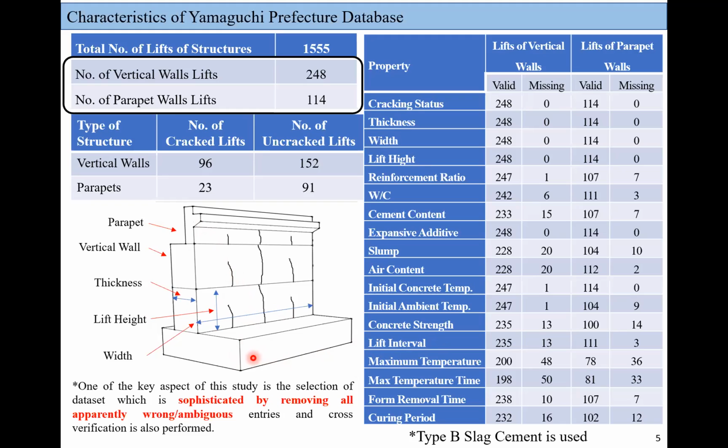So I taught you 4 influential factors in summary for cracking mechanism. Do you remember one of the influential factors? Extent of external restraint. It depends on this parameter, lift interval. For example, if the lift interval is only 3 days, I mean this second lift was constructed just 3 days after footing, in that case footing is very weak, soft.